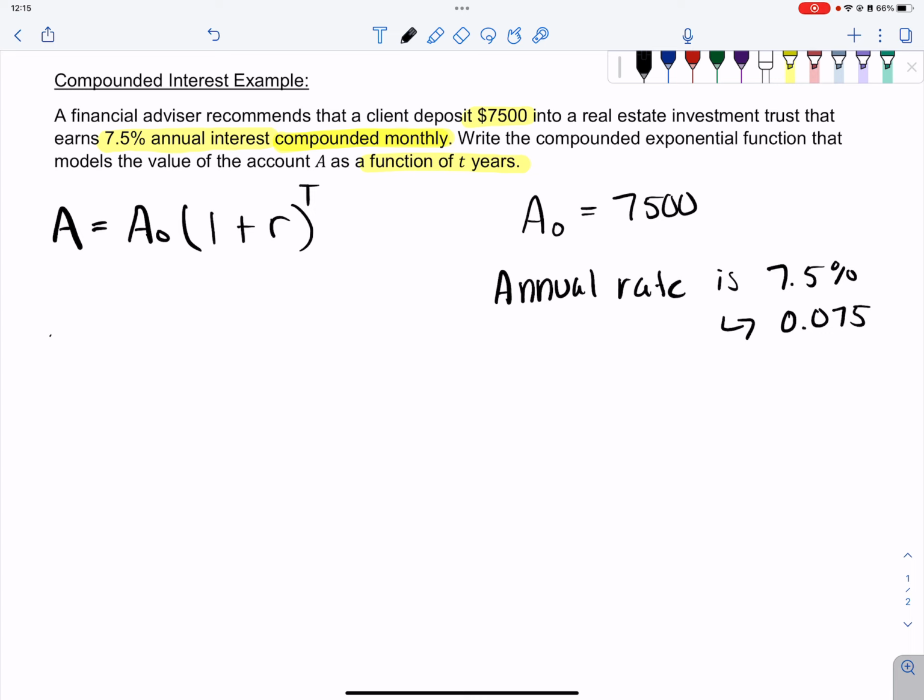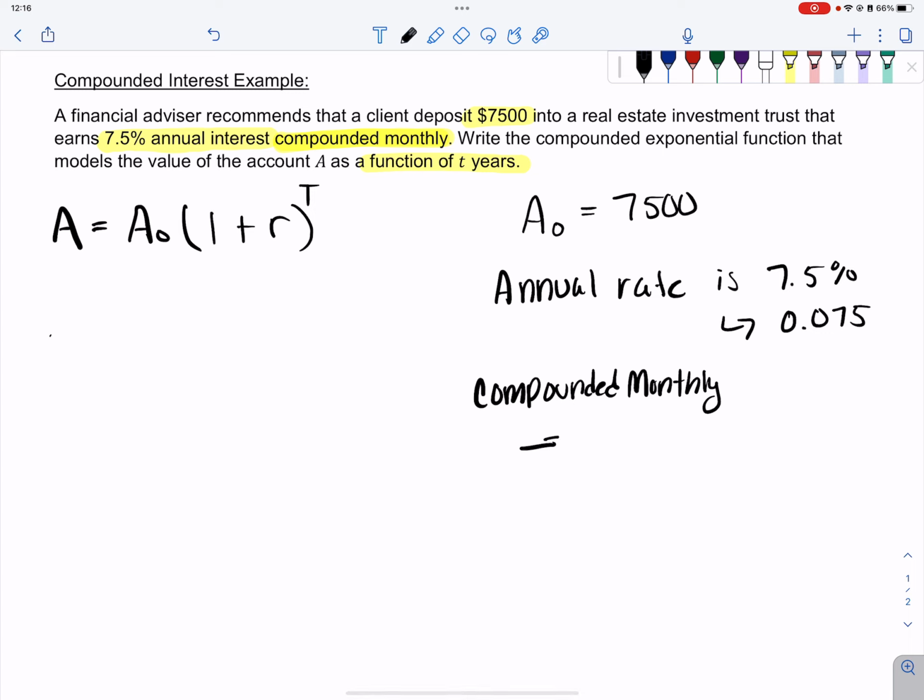But now we know that it is compounded monthly, which means we only want the portion of that annual rate that they would earn in that 1 month time period.